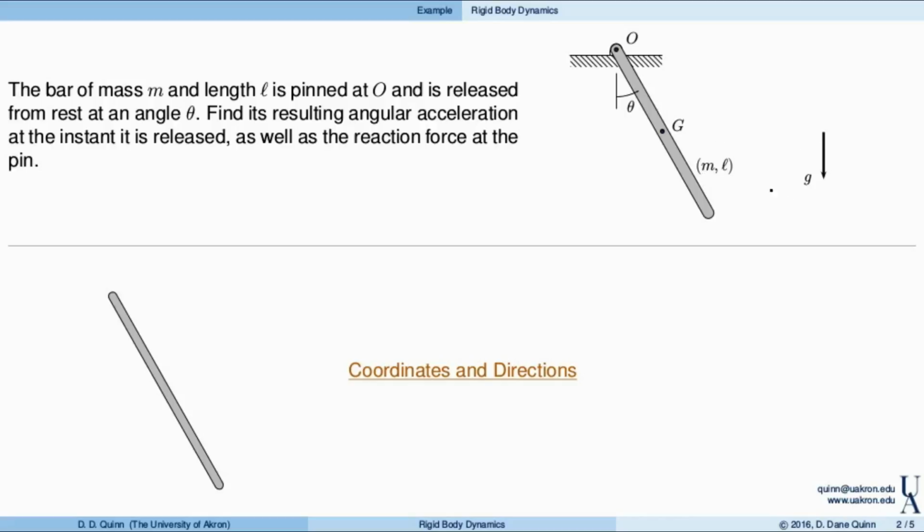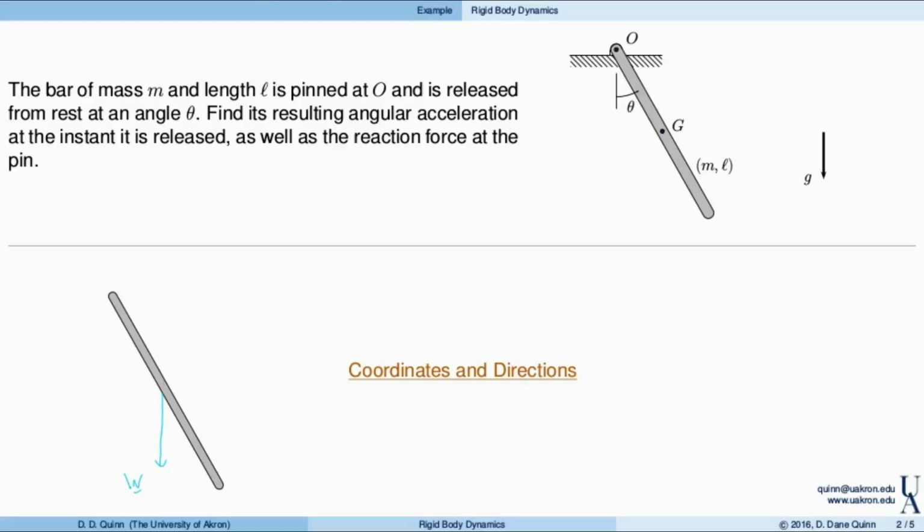So we certainly have gravity that acts on this system, and essentially the bar is going to swing back and forth as it undergoes its motion. So looking at the bar itself, let's identify the forces that act on this bar. Well, there are two of them, right? One is the weight due to gravity.